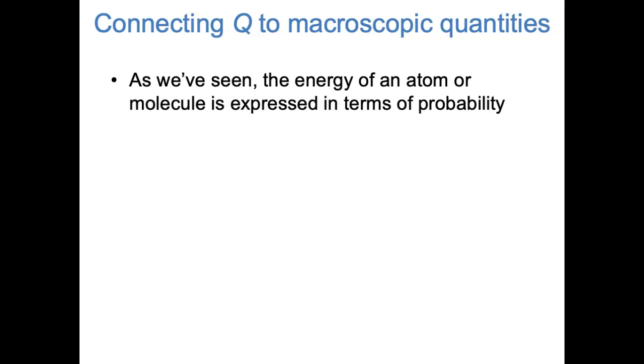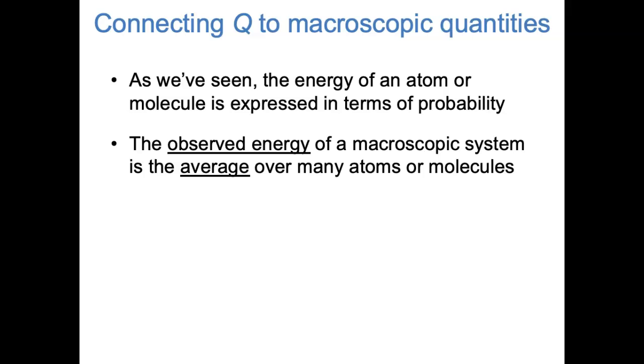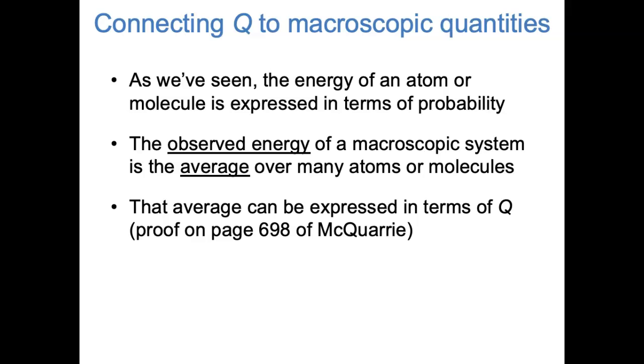As we've seen, the energy of an atom or molecule can be expressed in terms of its probability of being in a number of quantized energy states. When we actually measure the energy of a big macroscopic system consisting of multiple particles, what we're seeing is an average energy over many atoms or molecules. And that average energy can be expressed in terms of Q, the partition function.